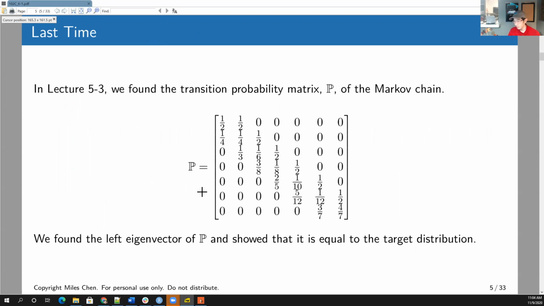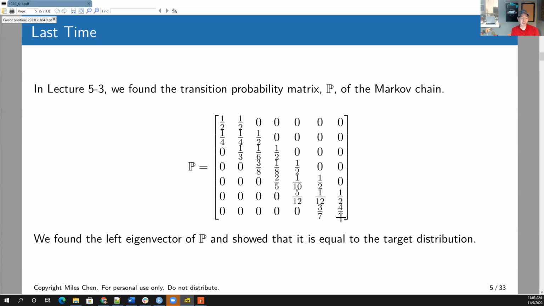We went through each row: if you're currently at island 4, the probability of going to island 5 is 1/2, the probability of going down to island 3 is 3/8, and the probability of staying where you are is 1/8, and so on. We found the transition probabilities for every island. Then we said that if this is your transition probability matrix, the stationary distribution is the left eigenvector of this matrix, and we showed that the stationary distribution is equal to the target distribution. That's what we did on Friday.